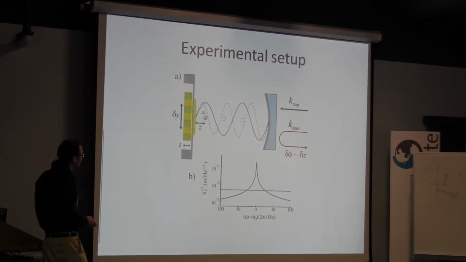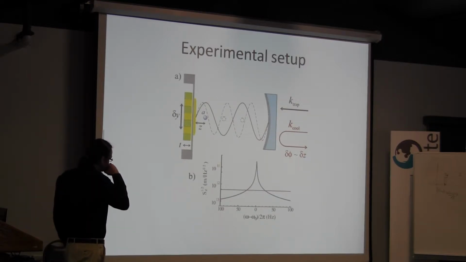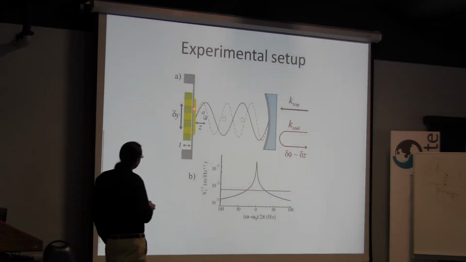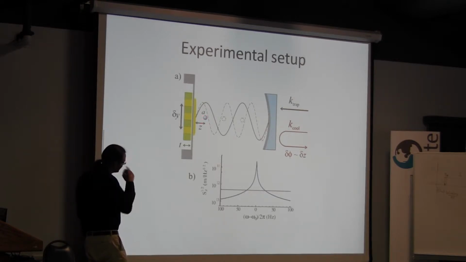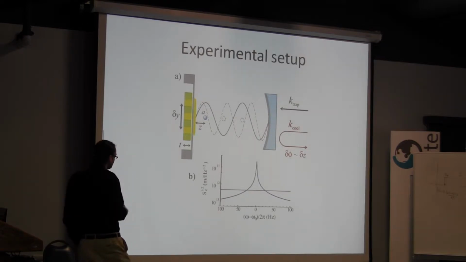So what can we do with an optomechanical system? Again, here's a picture of an optical cavity. Now imagine I have this nanosphere, 300 nanometers in diameter, that's trapped in the first antinode of the trapping field where I get a reflection off of a metallic mirror.